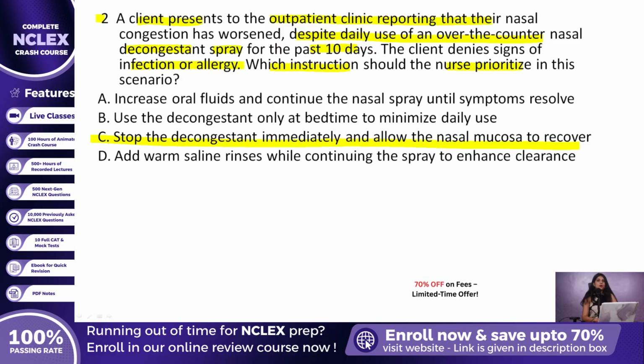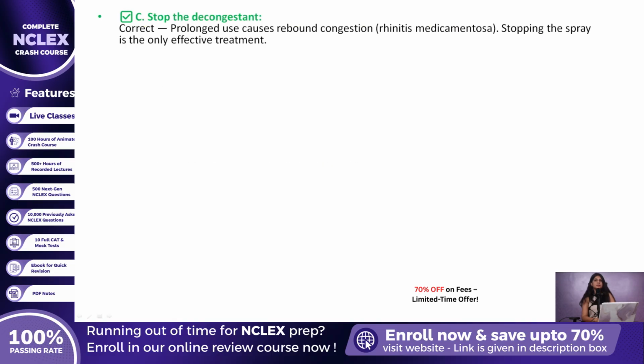Now, here is why this response is so important. The client is experiencing a condition called rhinitis medicamentosa, also known as rebound congestion. This occurs when intranasal sympathomimetic medications like oxymetazoline or phenylephrine are used for more than 3 to 5 consecutive days. These medications initially work by causing vasoconstriction, reducing swelling in the nasal passages.